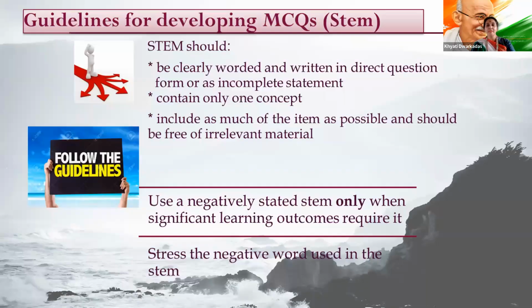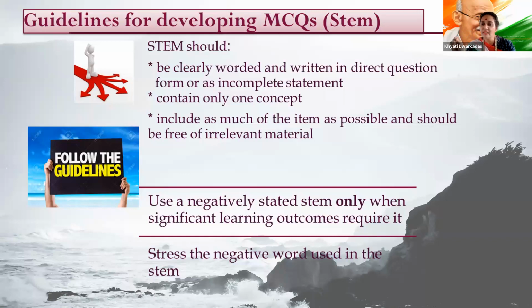Guidelines for developing MCQs, particularly the stem. It should be clearly worded and written in direct question form or as an incomplete statement with a dash at the end if you're giving a fill in the blank in particular. It should normally contain only one concept and not multiple.